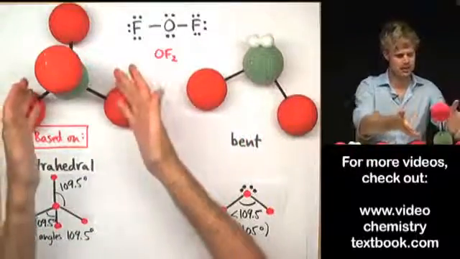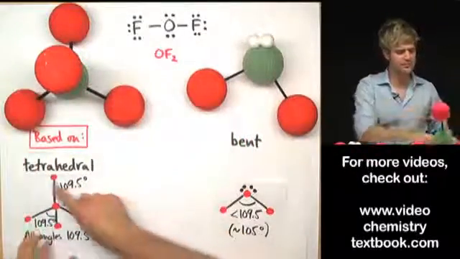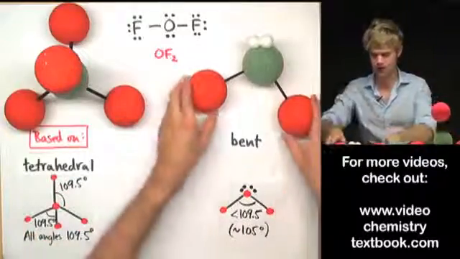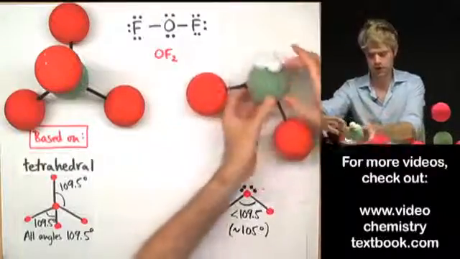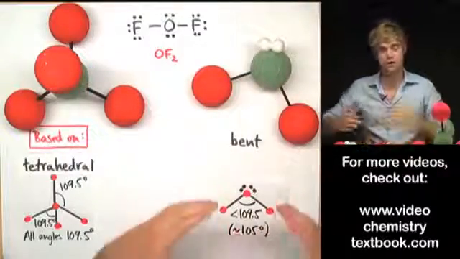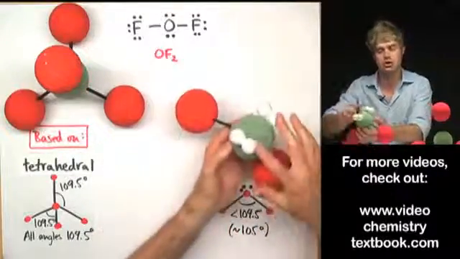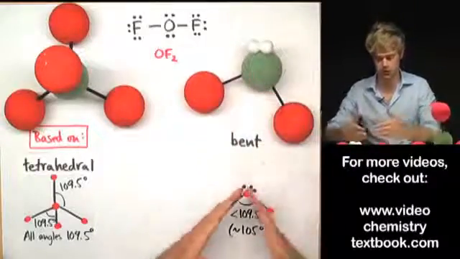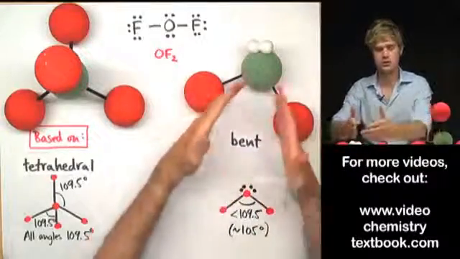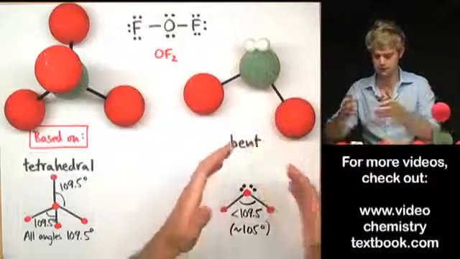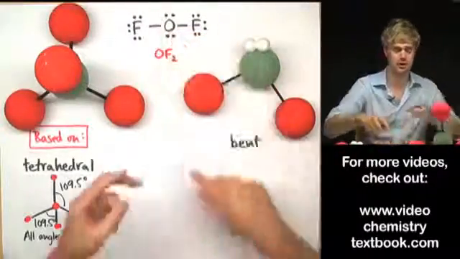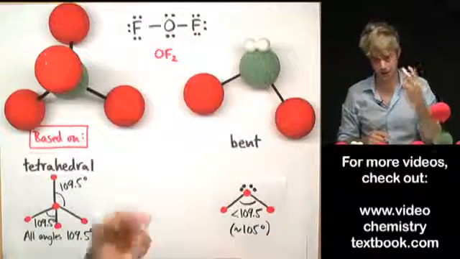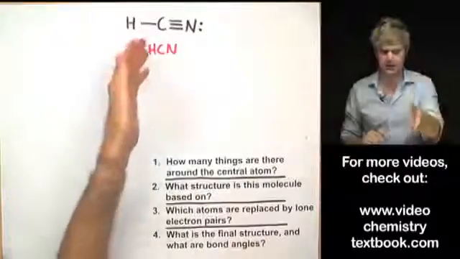So in a regular tetrahedral molecule, the angles between the bonds are 109.5, but in the bent molecule, where these are pushing harder, it's going to be more like 105 degrees, because we have 2 electron pairs that are pushing. So they really push these 2 atoms closer together. So we get a bent molecule with 105 degrees when we have a central atom surrounded by 2 bonds and 2 lone electron pairs.